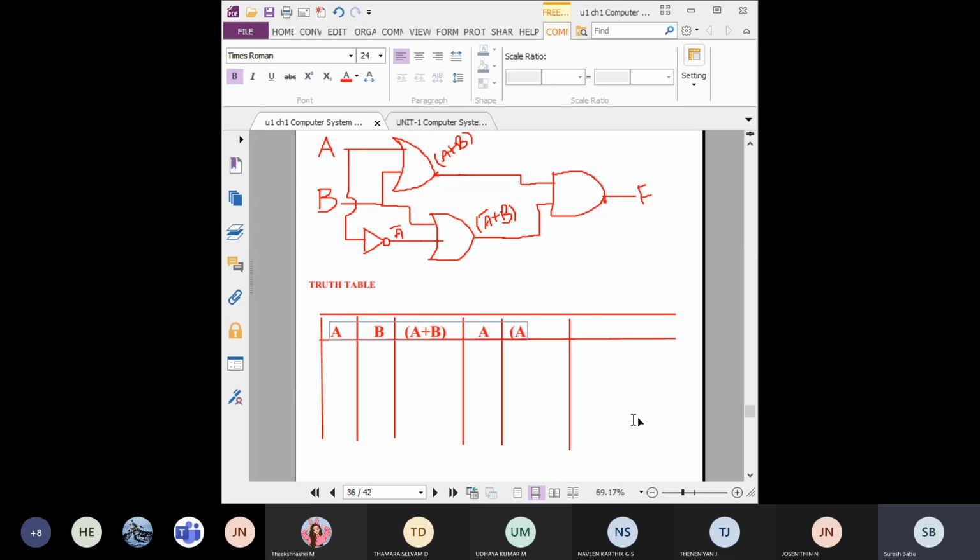Then A bar plus B. Just wait, I will show you everything. So here, (A plus B) dot (A bar plus B). This is the thing we have to calculate.